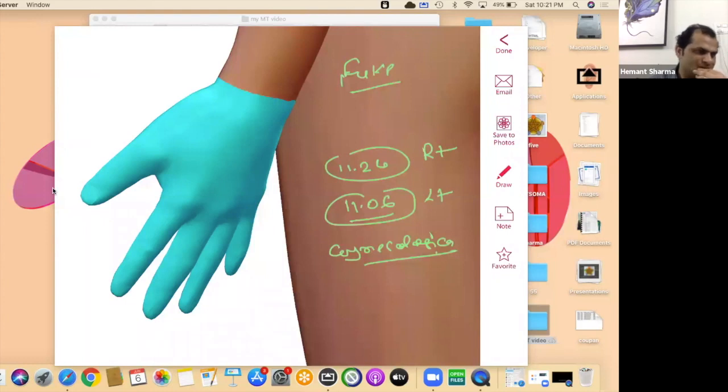So we put the 11.24 on the other side. If this point is working on the opposite side, we have to insert the needle for a minimum of 30 minutes. 30-40 minutes is a good time.